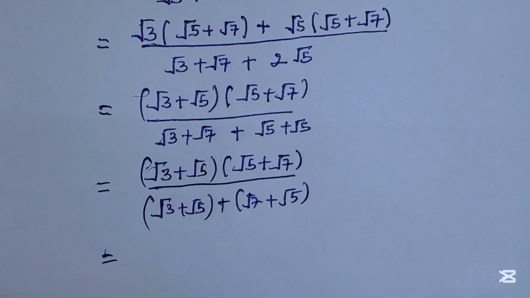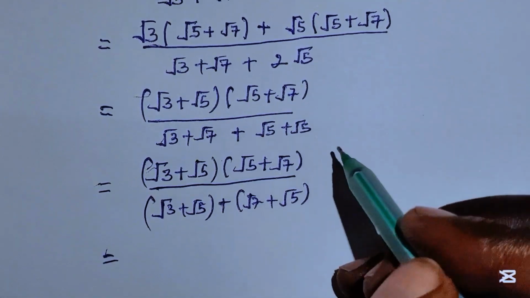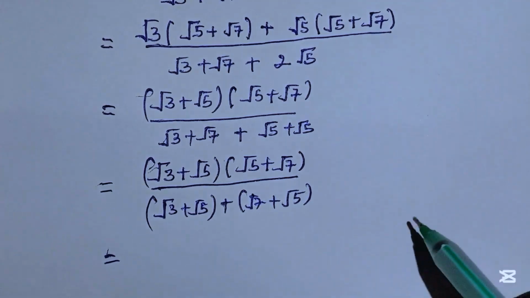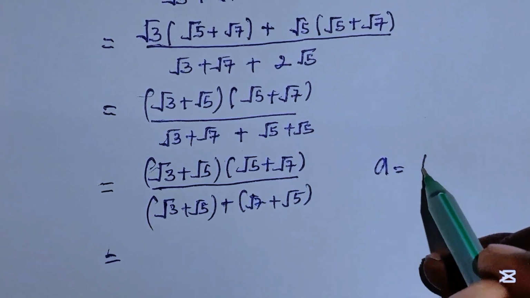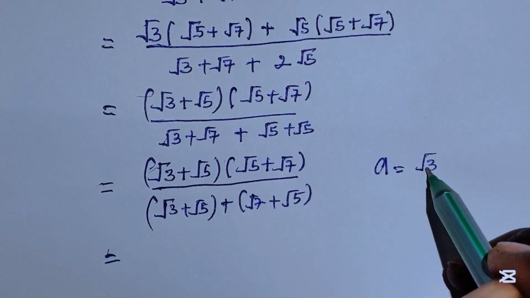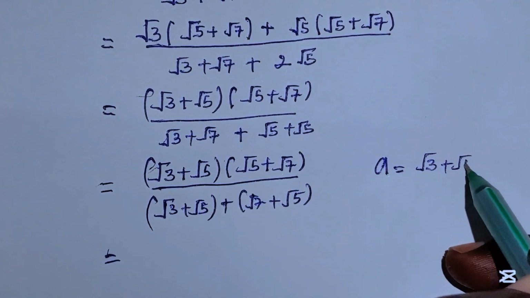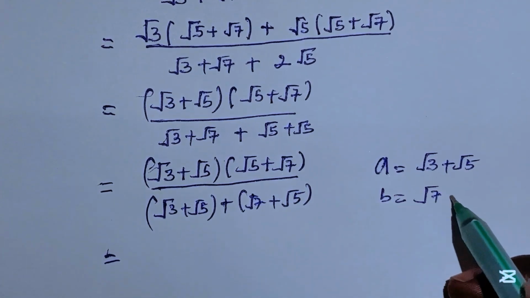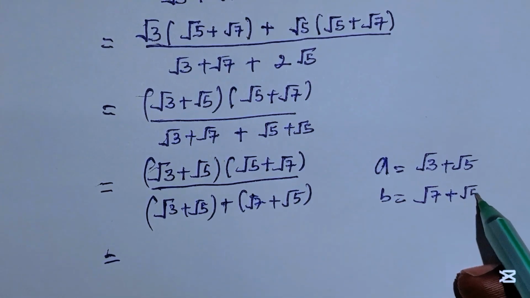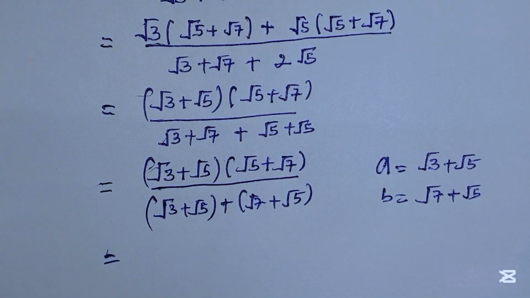Here we can say that our A equals square root of 3 plus square root of 5, whereas our B is equal to square root of 7 plus square root of 5, right?